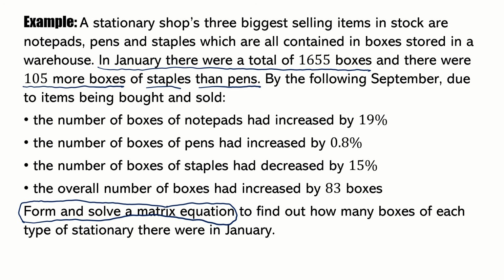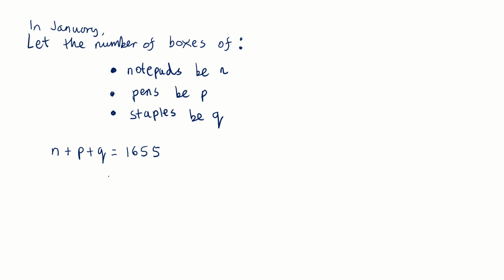So therefore I want to highlight, because it's saying there's 105 more boxes of staples, the staples is the bigger quantity. So that implies if you want to do it by writing it with an addition, then you're saying you've got to take the boxes of pens, add an extra 105 onto it to get the number of staples. So therefore we're going to have p plus 105 equals q.